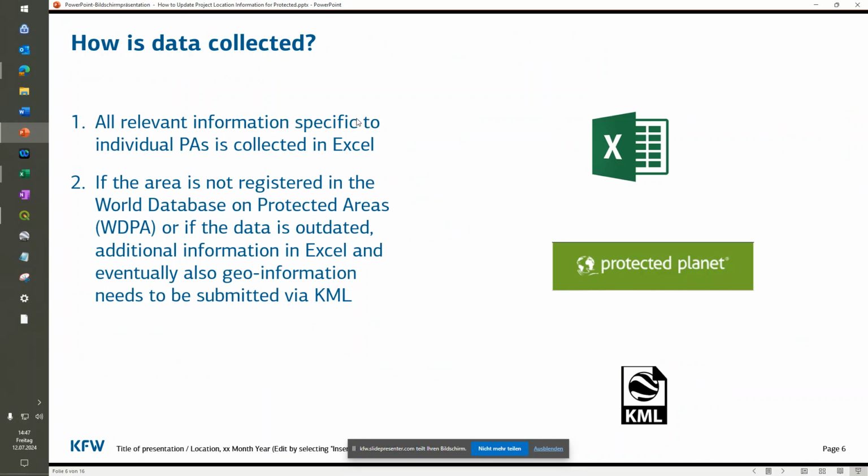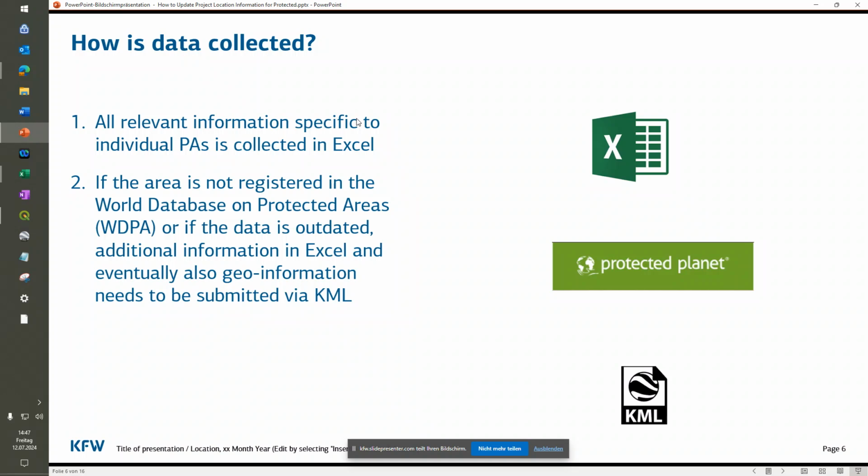How do we collect data in general? We have our data model, which is provided in Excel, and most of the relevant information can be filled in there. In case the area is found on Protected Planet, you basically only have to use Excel. We estimate that around 80 to 90% of all of our areas can be found in Protected Planet, so most of the time this should be sufficient.